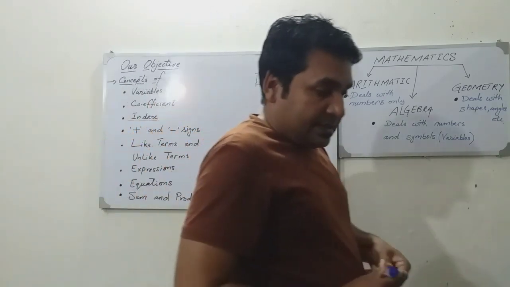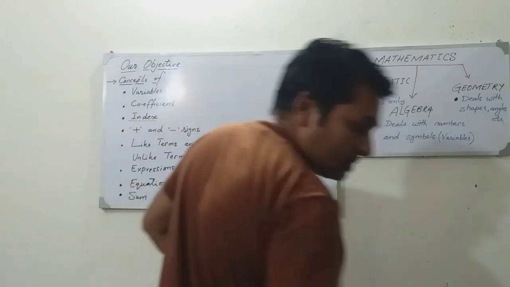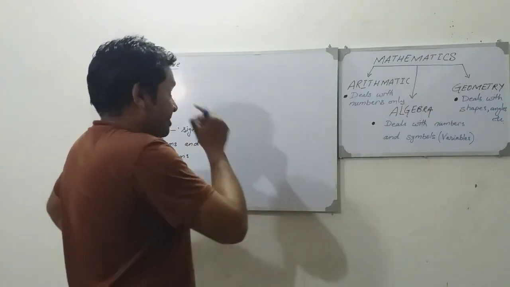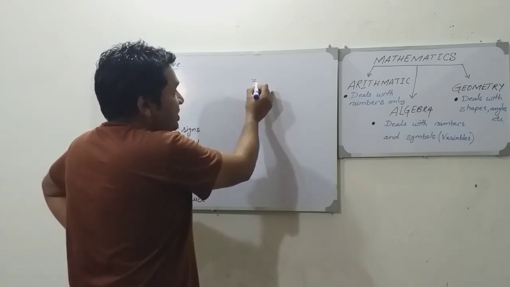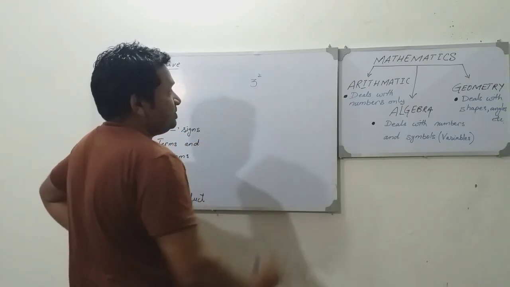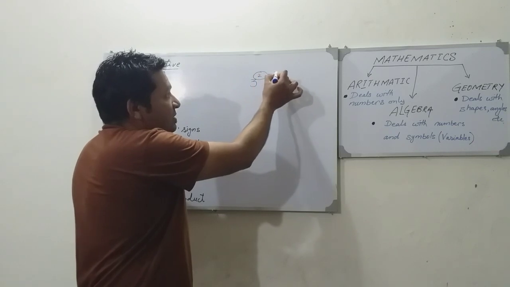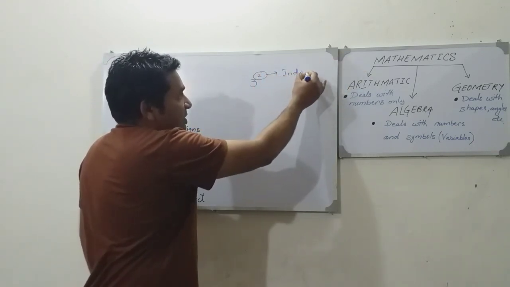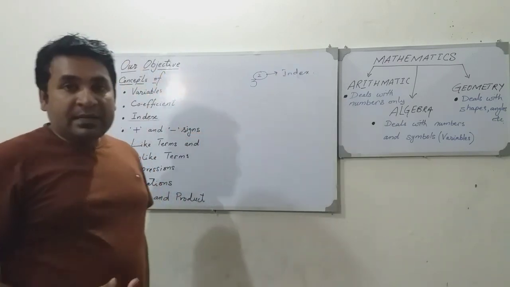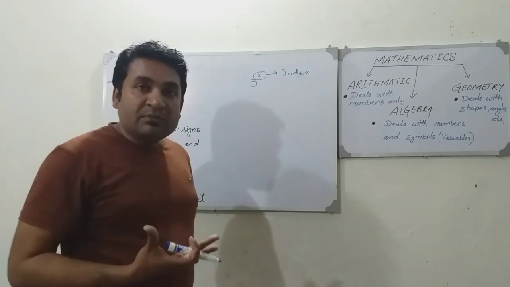Okay, next thing is index. The concept of index is, you have seen these types of numbers, like for example 3 raised to the power 2. This 2 is called index. What is this number telling us?